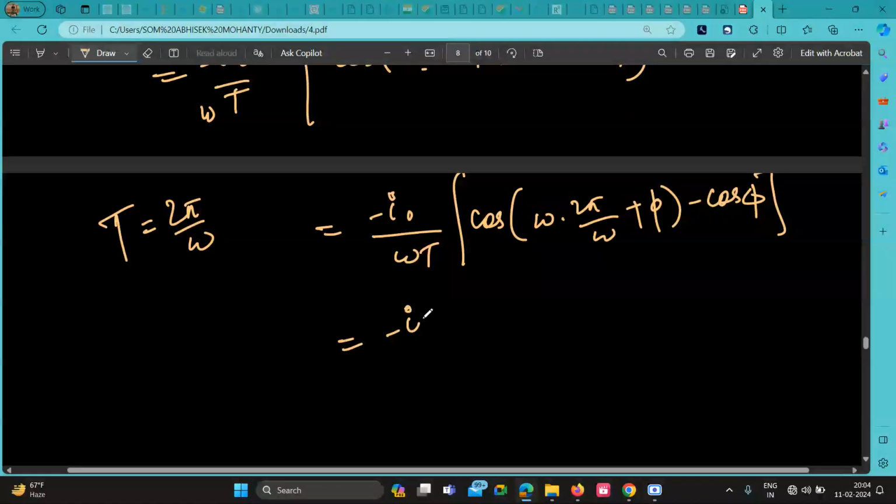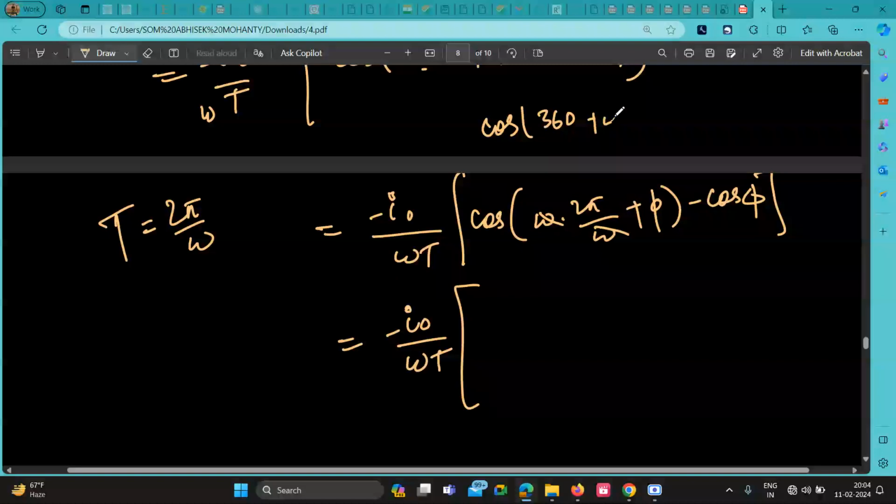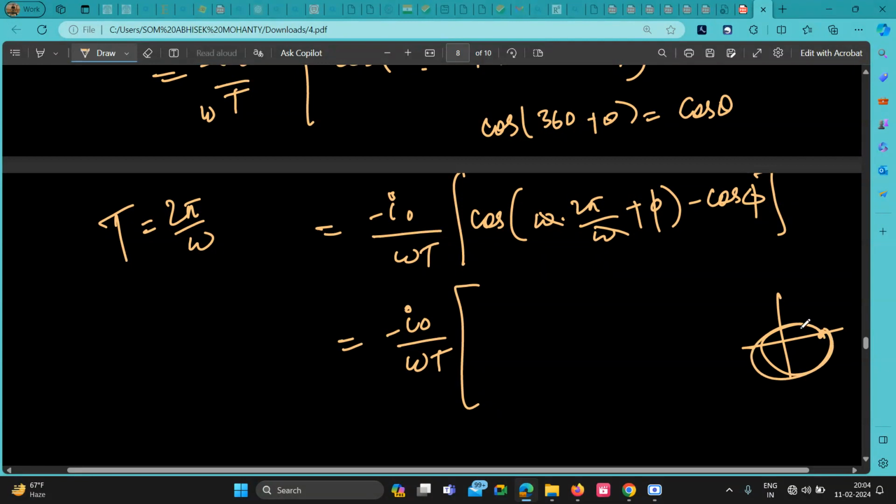So minus I naught by omega T. Omega cancels out. So cos of 2 pi plus phi. Cos of 2 pi plus phi is how much? Cos of 360 plus theta will always be cos theta, because theta is in the first quadrant.